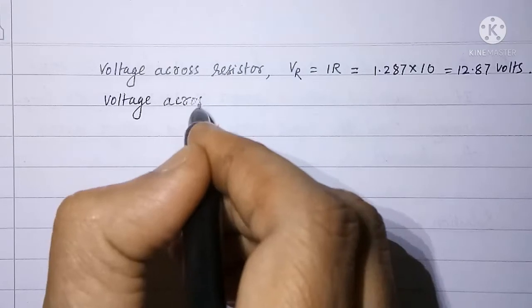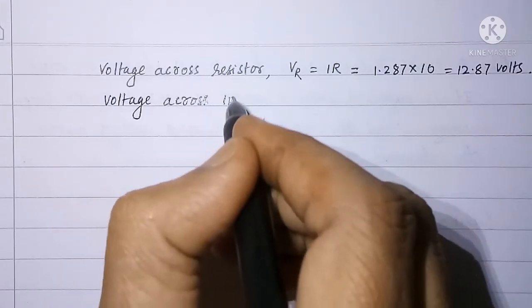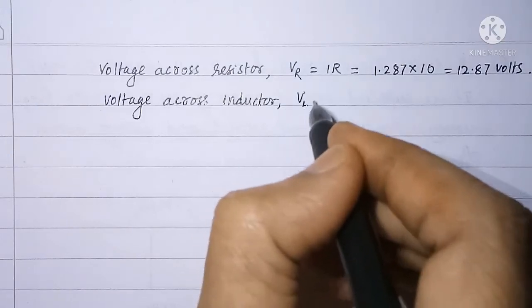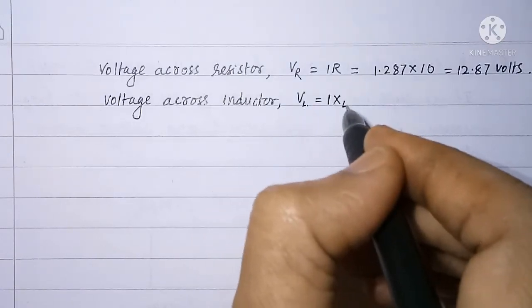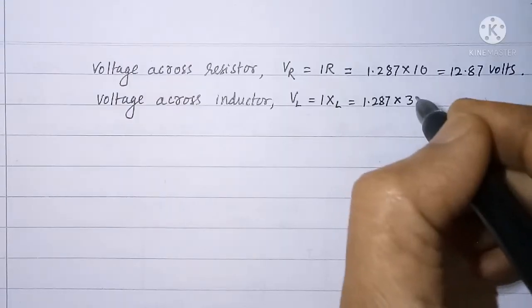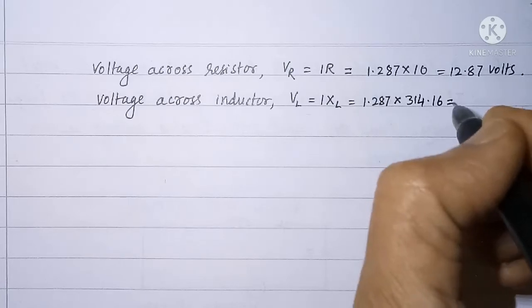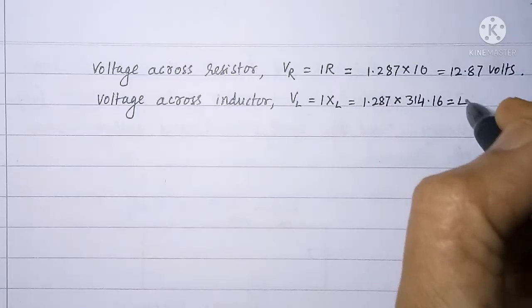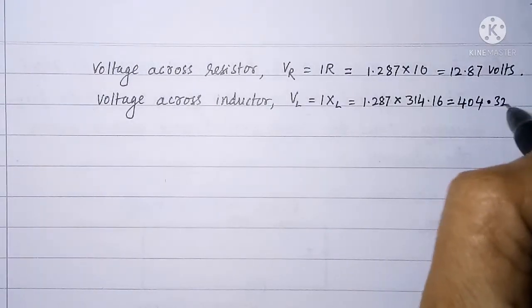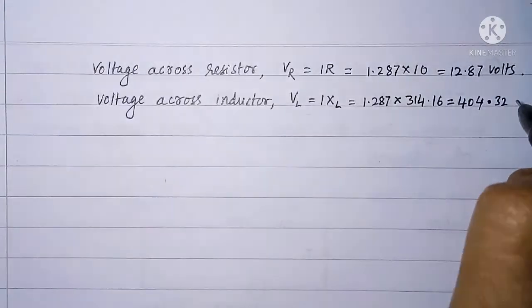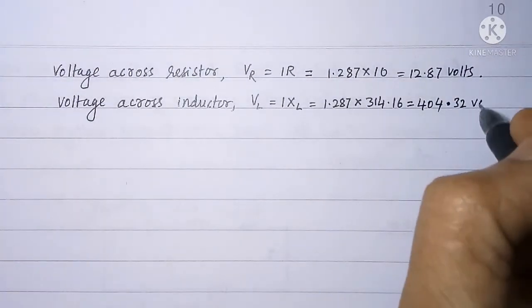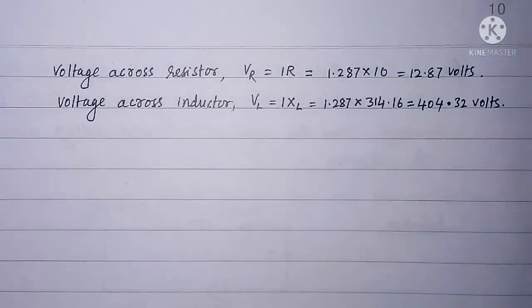Voltage across inductor VL is equal to I into XL, that is 1.287 into 314.16, and that is equal to 404.32 volts.